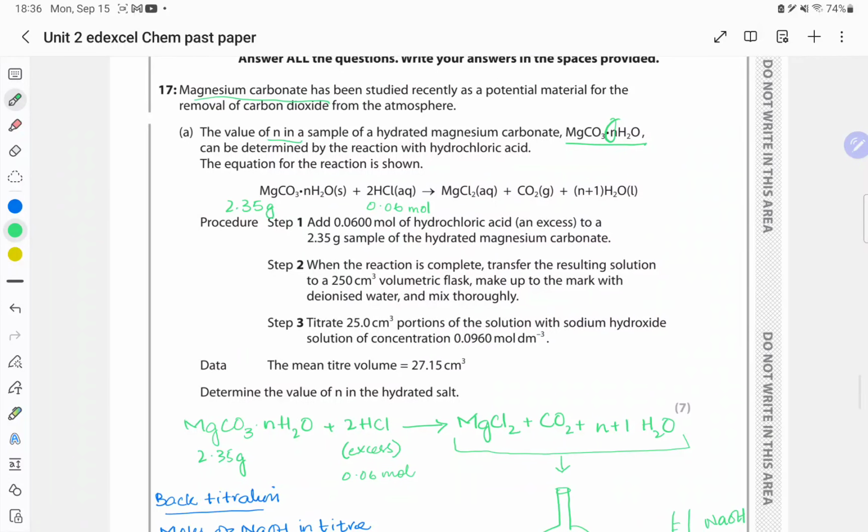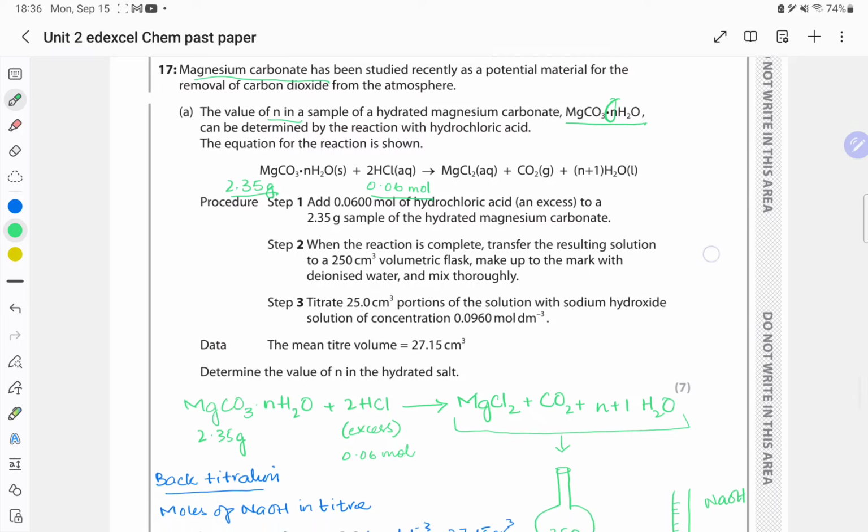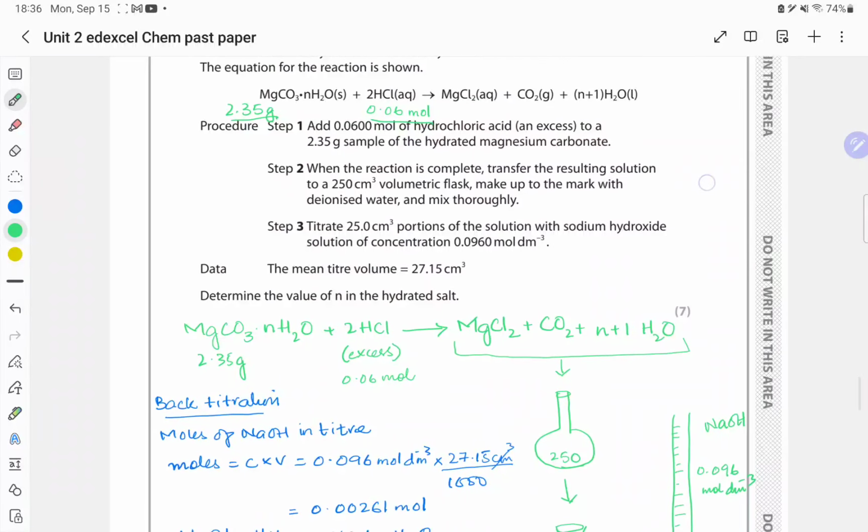We will find out the answer with the help of a back titration. We have got the mass of magnesium carbonate, that is 2.35 grams. We have got the moles of hydrochloric acid, that's 0.06. The process is: add 0.06 moles of HCl to a sample of hydrated magnesium carbonate.